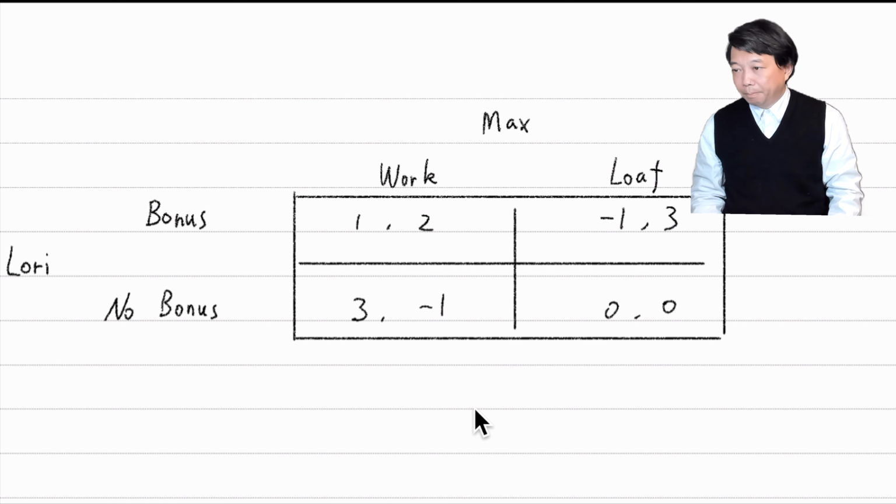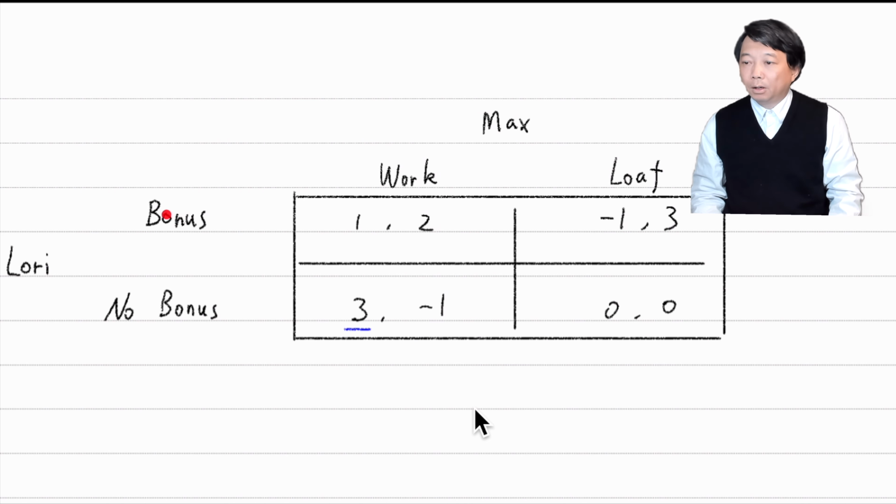Given that Max chooses to work hard, Laurie gets a payoff of 1 if she offers a bonus, and a payoff of 3 if not. She's better off not offering the bonus. Her best response is not to provide the bonus. We underline the number 3. Suppose Max chooses to loaf.